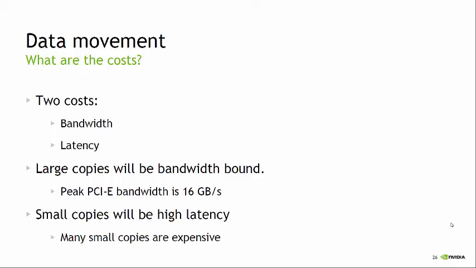For a small copy, however, we're likely to be limited by latency. So if we just want to copy 4 bytes from the CPU to the GPU, or vice versa, we're not going to be anywhere near the peak bandwidth of the connection. We're going to be bound by latency. So many small copies are significantly more expensive than one large copy of the same size.